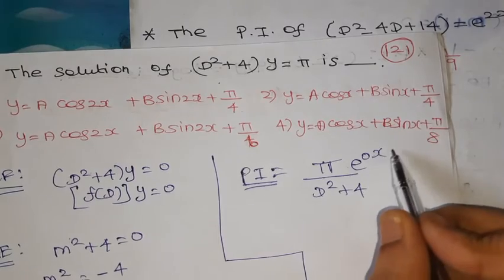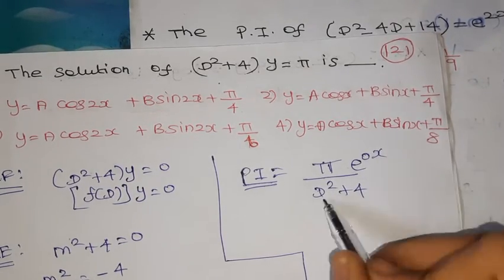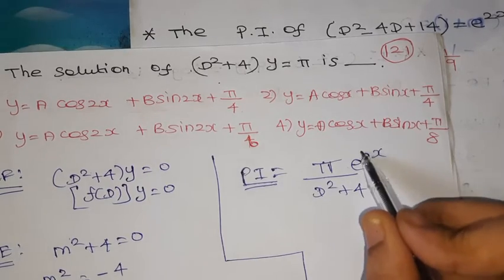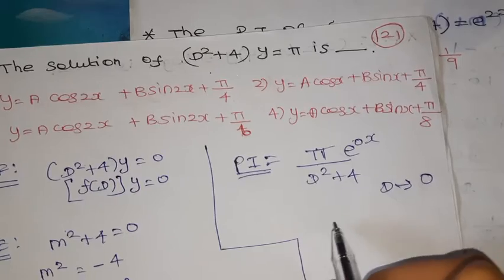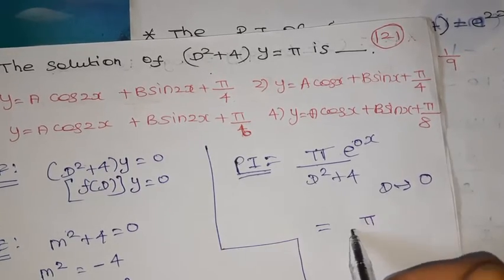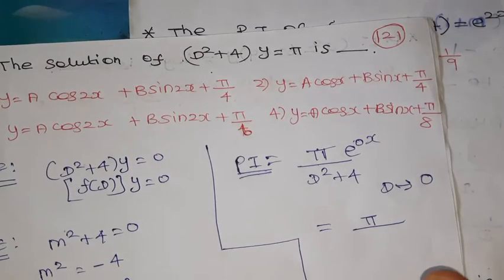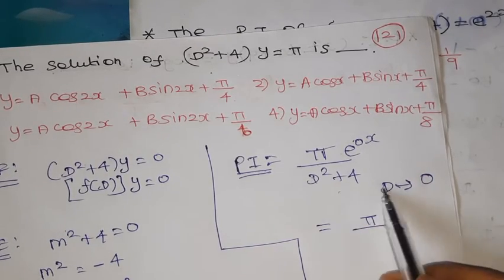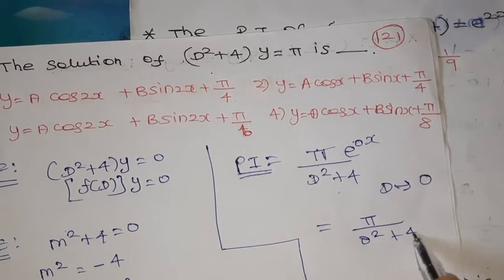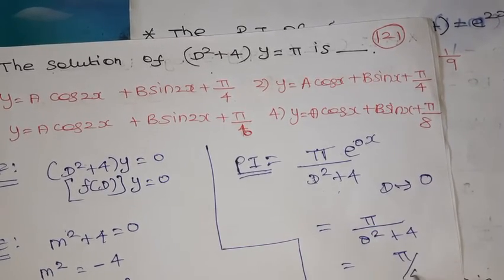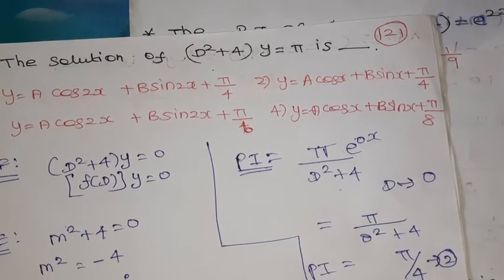So just replace D by 0, since alpha value here is 0. We need not repeat e power 0x because this value is 1 only. So 0 squared plus 4, we will get pi by 4. So it is the particular integral for this differential equation.